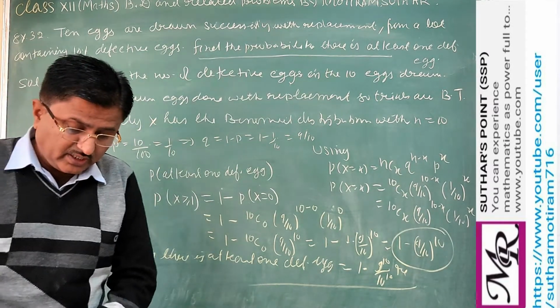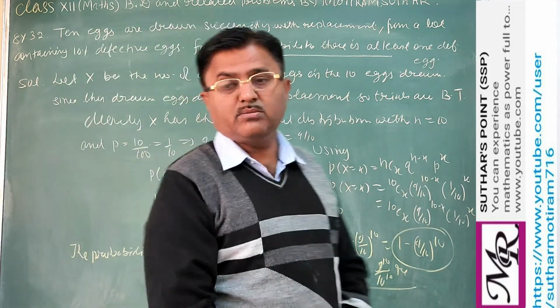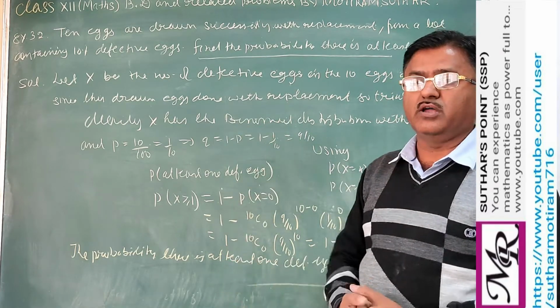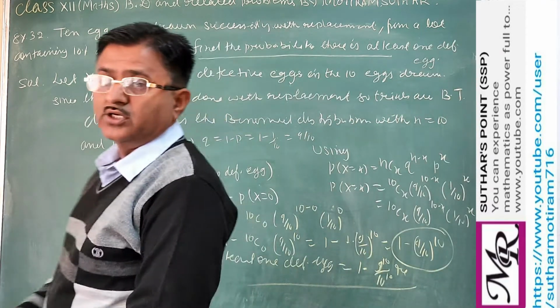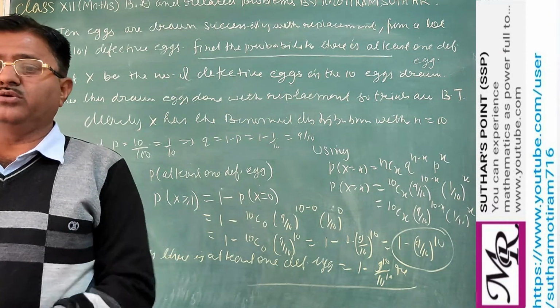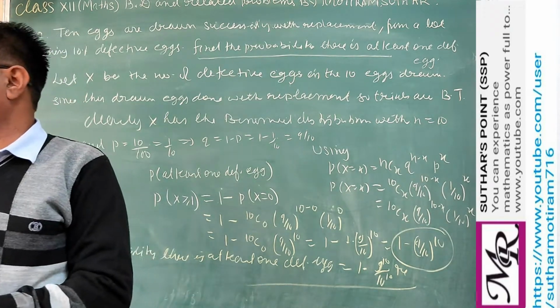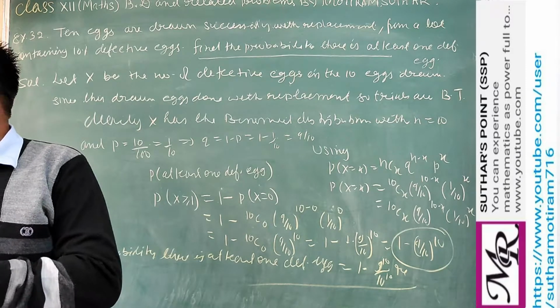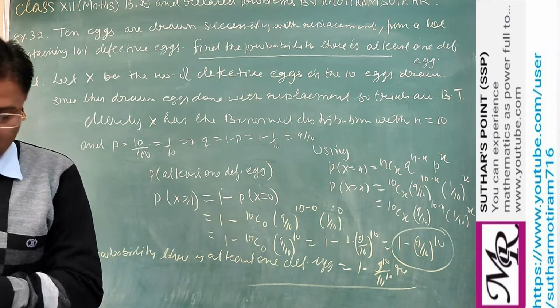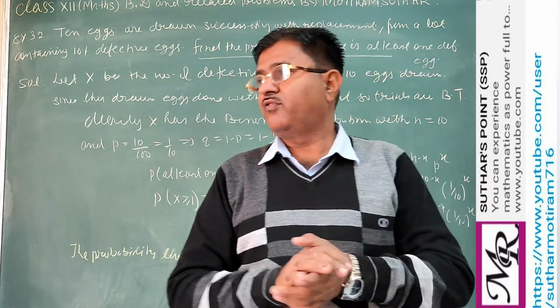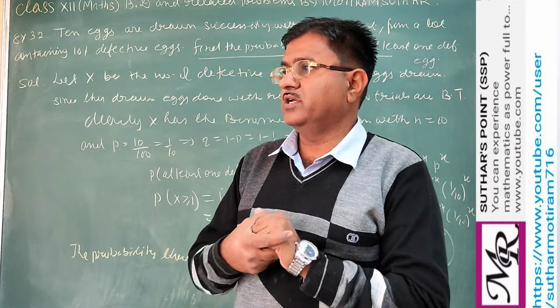So dear student, in this way we can use the binomial theorem in a direct and easy way to find this probability. Whenever we are using this theorem, there are some key points to be remembered. First of all, you have to check whether the given problem follows Bernoulli's trial or not.